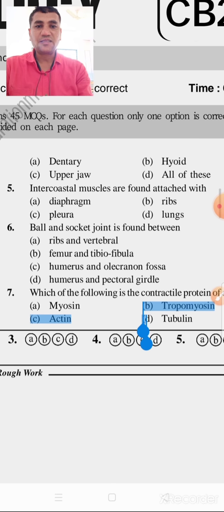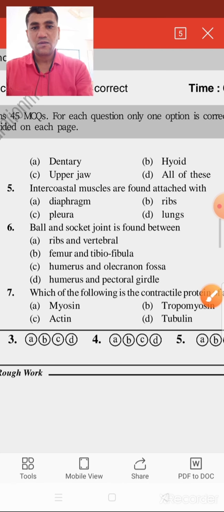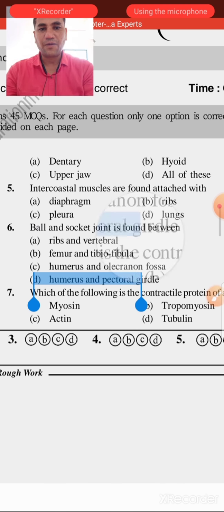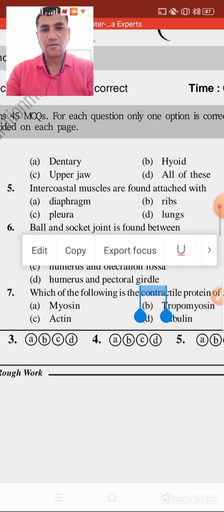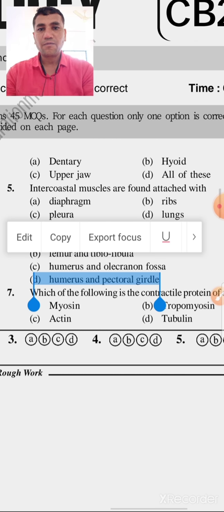So here the answer for this is present in the humerus region and the pectoral girdle. Option is D.